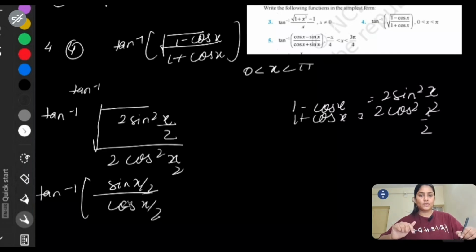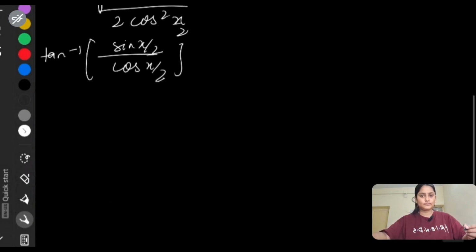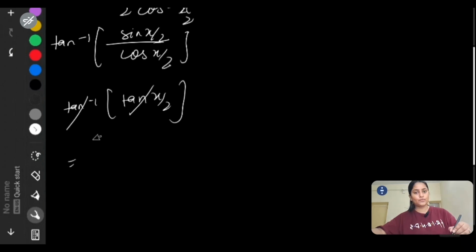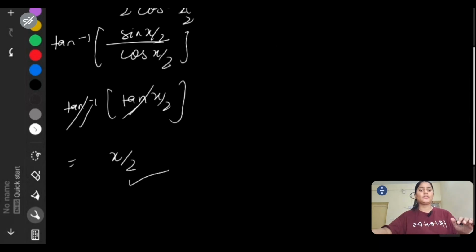And we know that sin by cos is tan x by 2. So tan inverse of tan x by 2. Now cut this 2, and the answer will be x by 2. So the answer for question number 4 is x by 2. Let's move on to another question in another video.